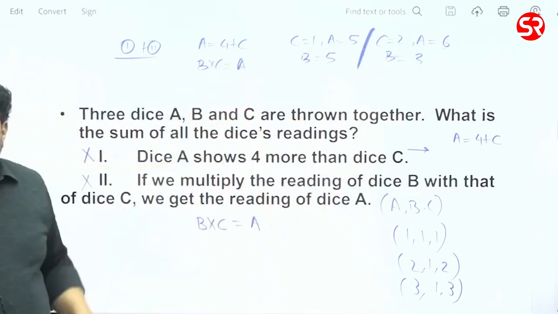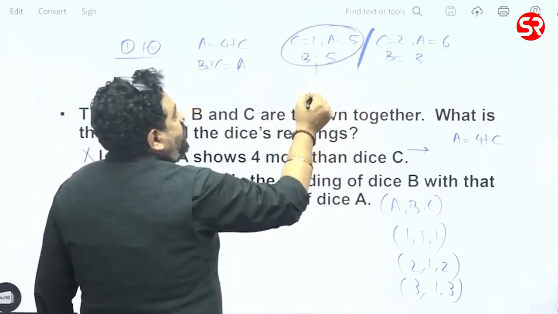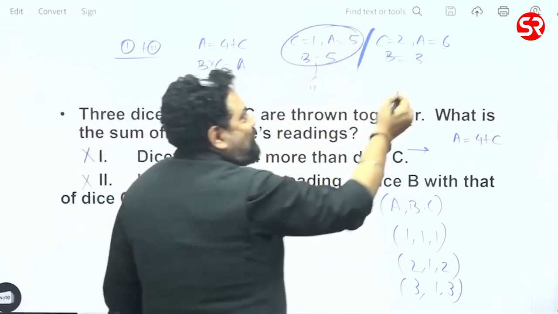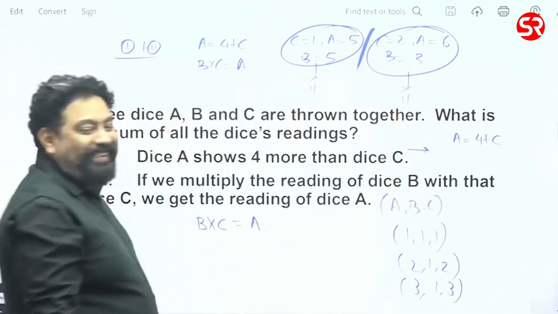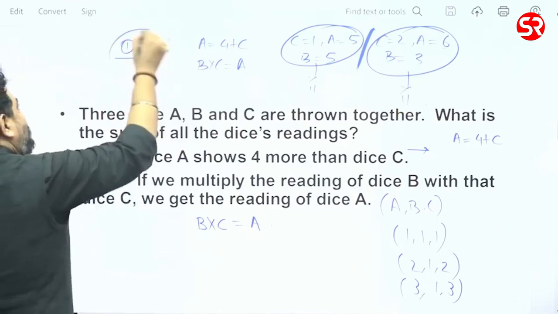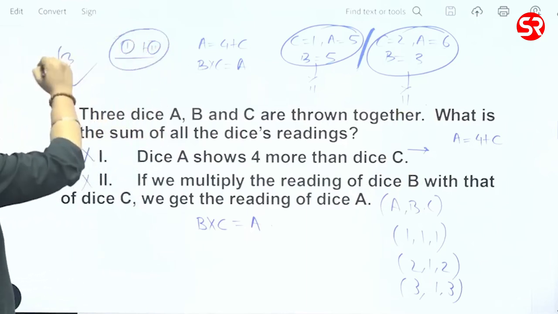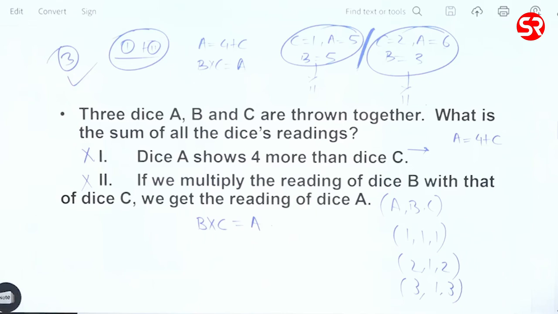Sum of all dice readings. What is sum of all dice readings over here? 11. What is sum of all dice readings over here? 11. Sum is unique. Answer is there. 3. You are here for a reason.